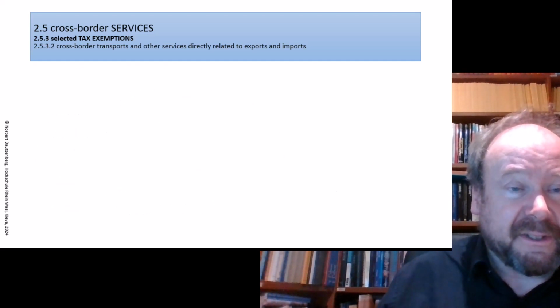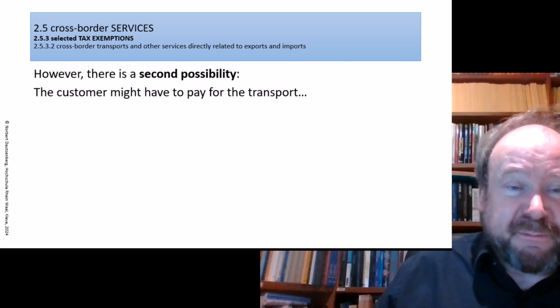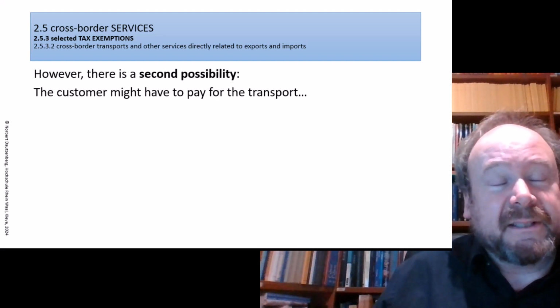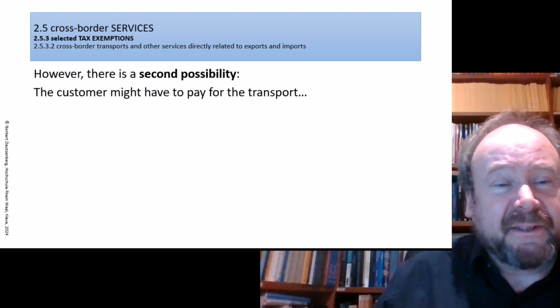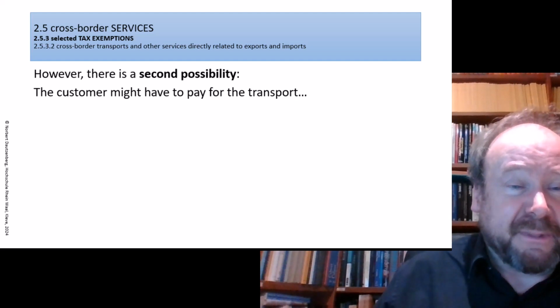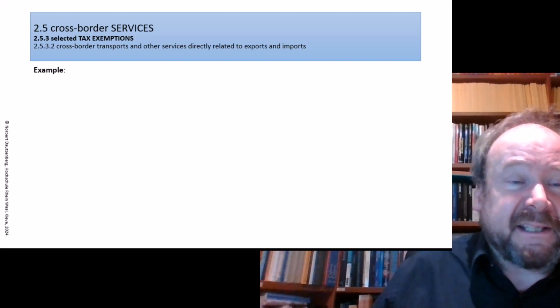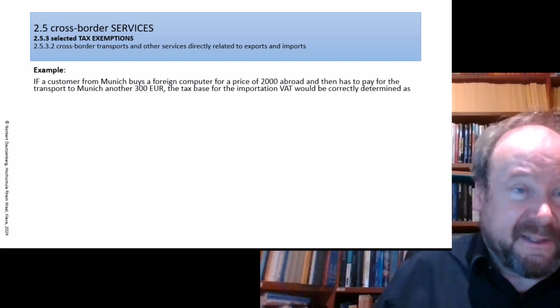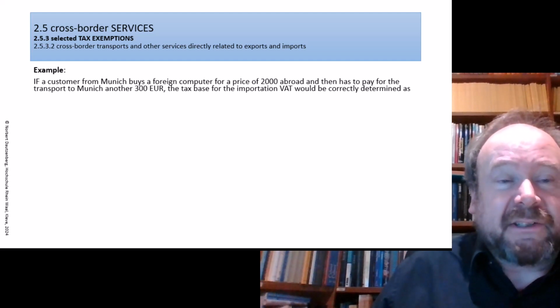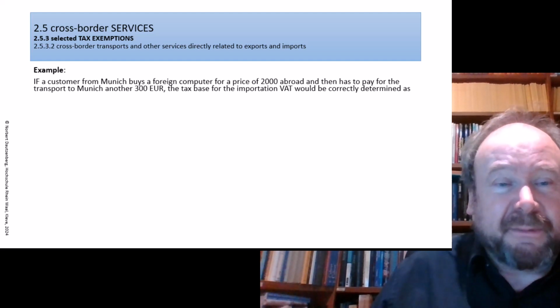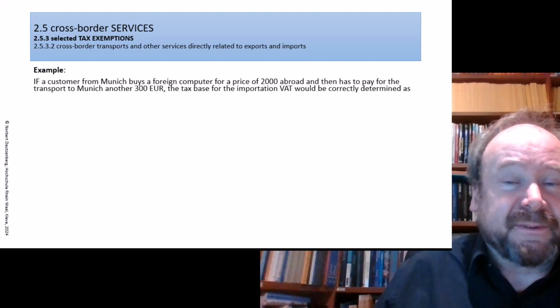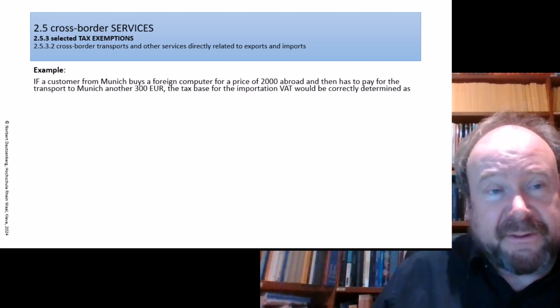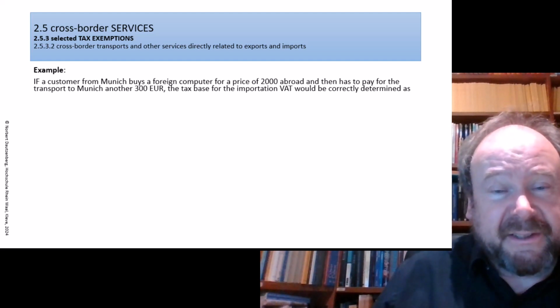They are included. However, the second possibility is that the net price is charged and the cost of transportation have to be covered by the customer. In that case, you will have to add them. Because imagine we have a customer from Munich, he buys a foreign computer for the price of 2,000, and then has to pay for the transport to Munich another 300.